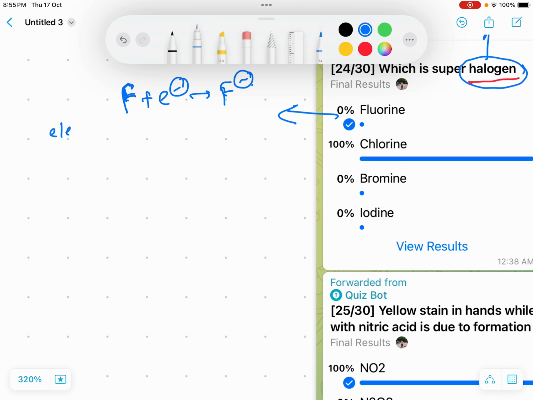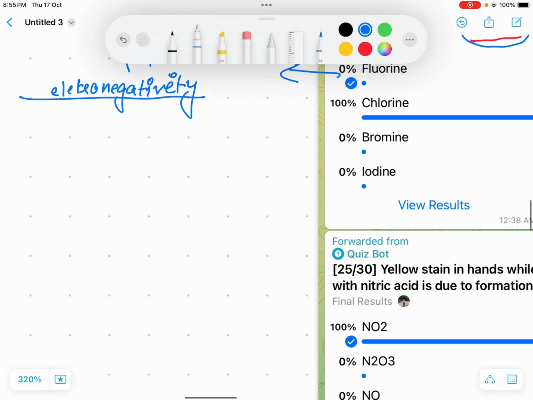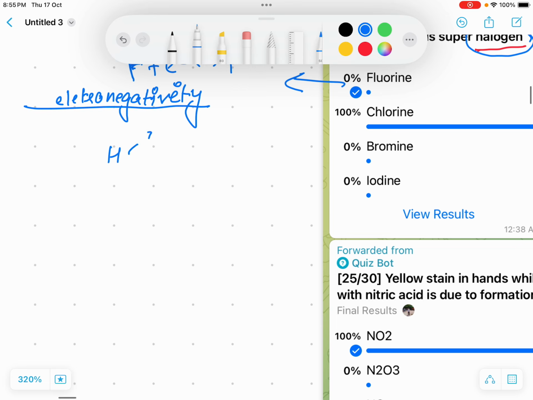And talking about electronegativity, what is electronegativity? Electronegativity is the tendency of an atom to pull the bonded pair of electrons. For example, if I draw the molecule of H2O, there are two bonds and two hydrogen atoms.